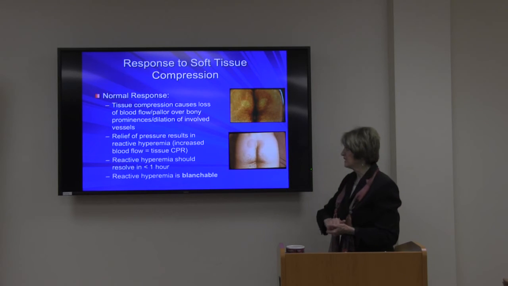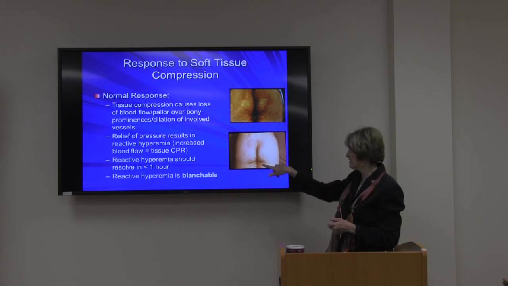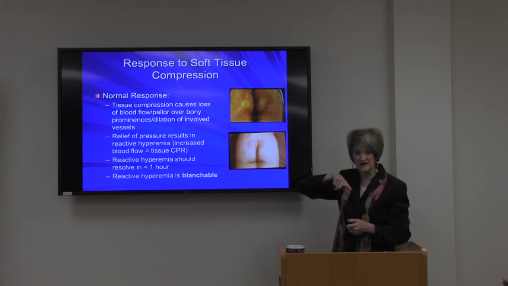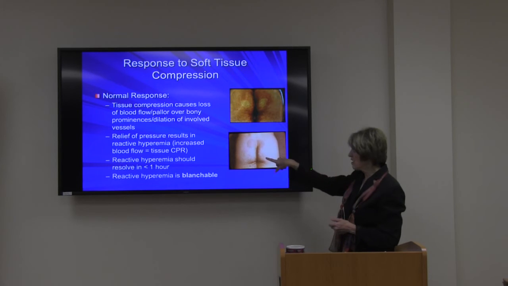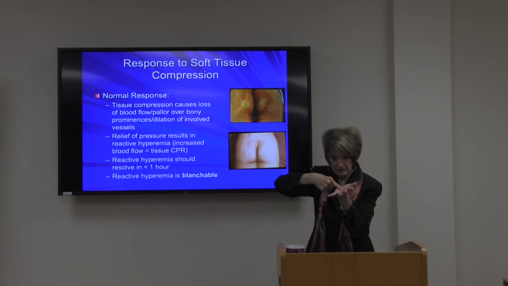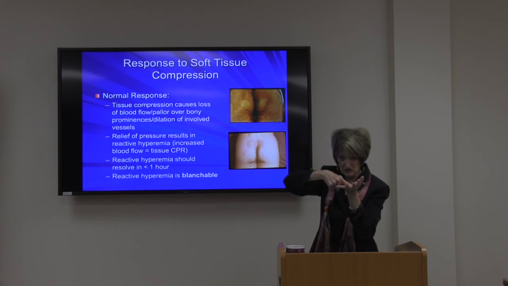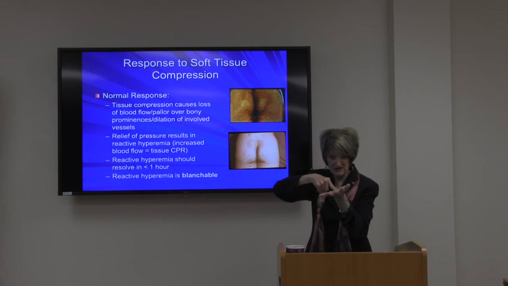Totally normal. What are the 2 parameters that I should be using to evaluate whether this is a normal or abnormal finding? First of all, it should be blanchable, so when I touch it with my finger, it should go white. When I relieve the pressure, the redness should come back. That tells me vessels are intact. I can compress it.